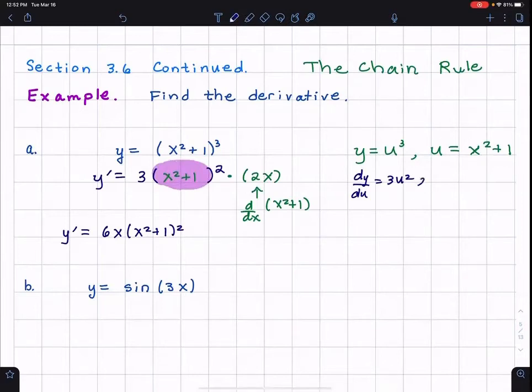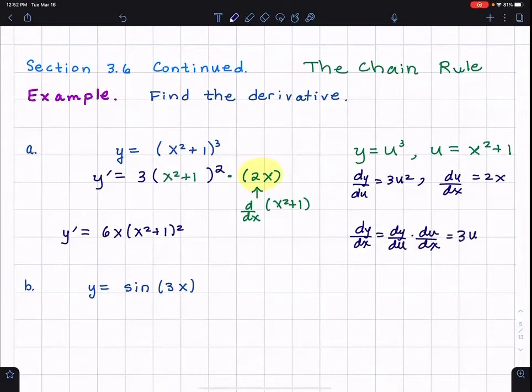I took the derivative of u with respect to x, and that's 2x. That's this other part over here. Okay, by the way, when I have 3u squared, I put u as x squared plus 1. And then I just multiply them together. So in other words, the derivative of y with respect to x is equal to the derivative of y with respect to u times the derivative of u with respect to x.